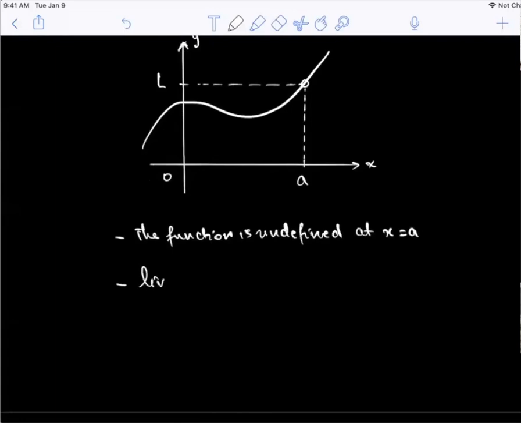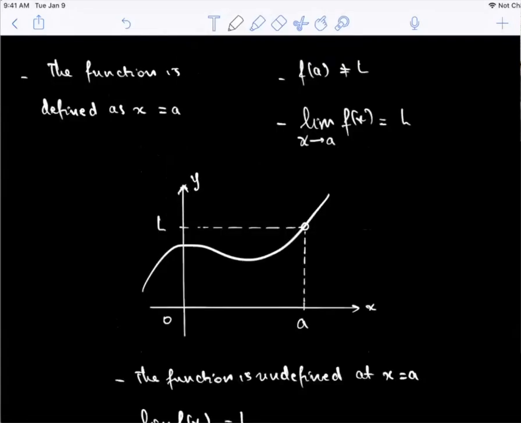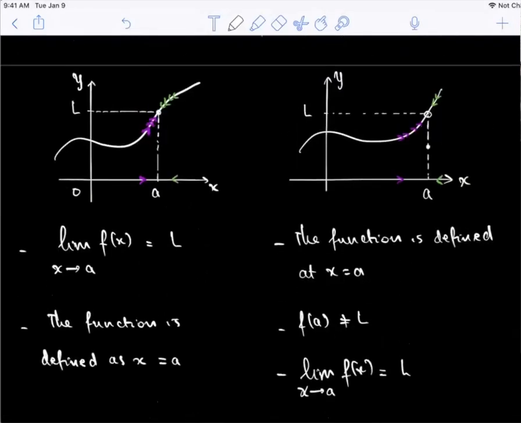The limit of the function as x approaches A is equal to L. We discussed x approaching A from the left and x approaching A from the right. That's the concept called the one-sided limit.